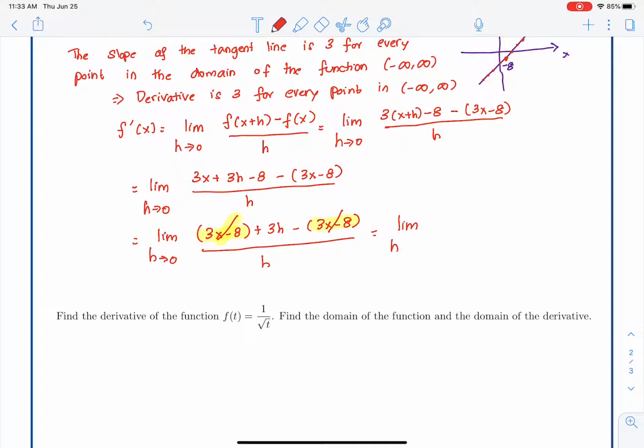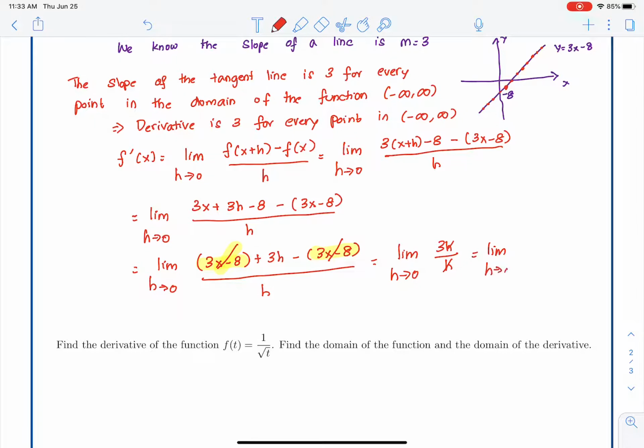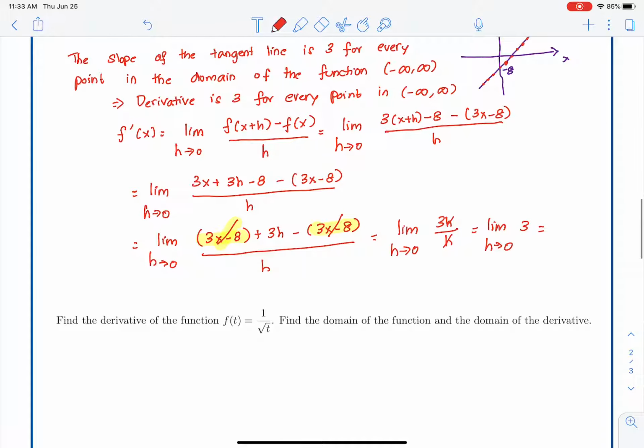And we have limit h approaches 0, 3h over h. The h's go away, and limit h approaches 0, we get 3. And there is no h in that limit, so the answer would simply be 3.